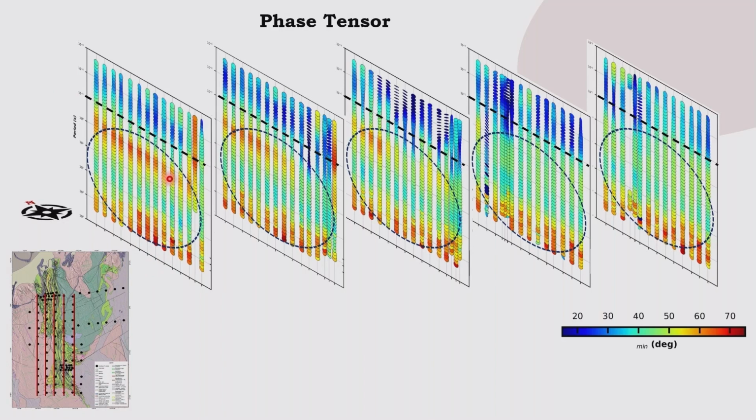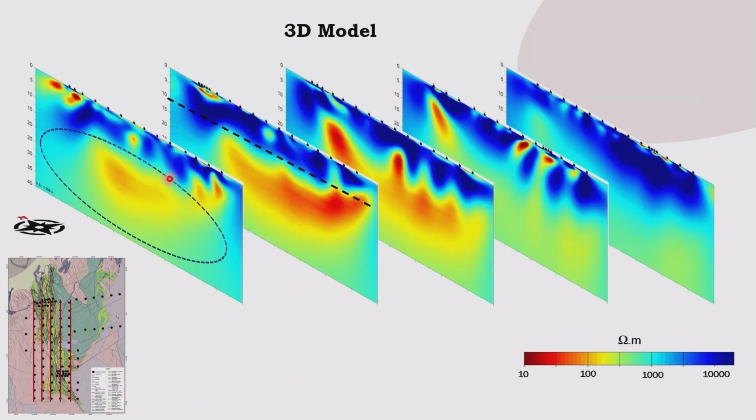So with that in the back pocket, we created a 3D model. Now this model is based solely on impedance. We have another variation that includes the tipper, but this is the tipper-less, impedance-only model, 3D along the same set of profiles being shown here.